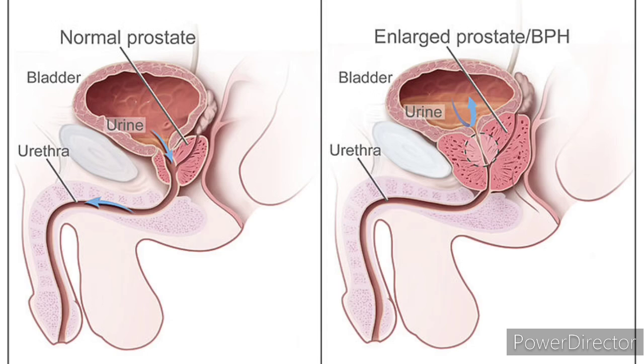There is also diminishing in size and force of the urinary stream, the weak stream. There is also straining when passing urine. There is also a sensation of incomplete emptying.